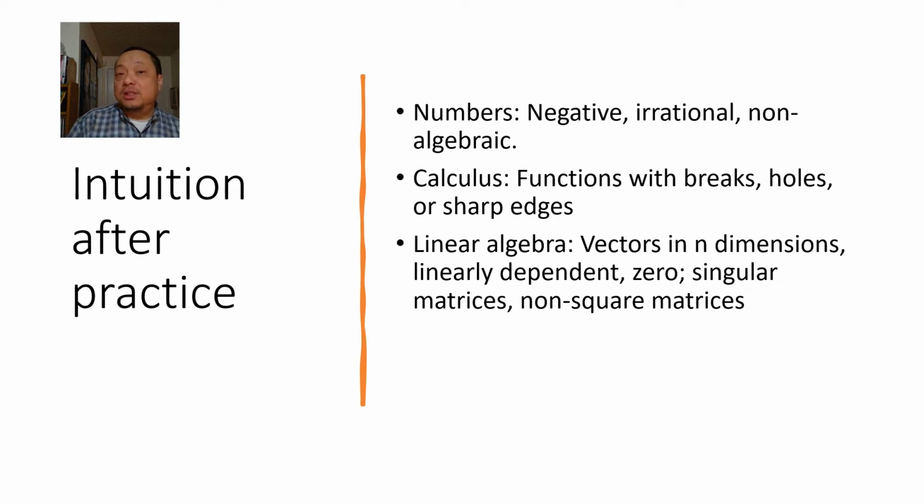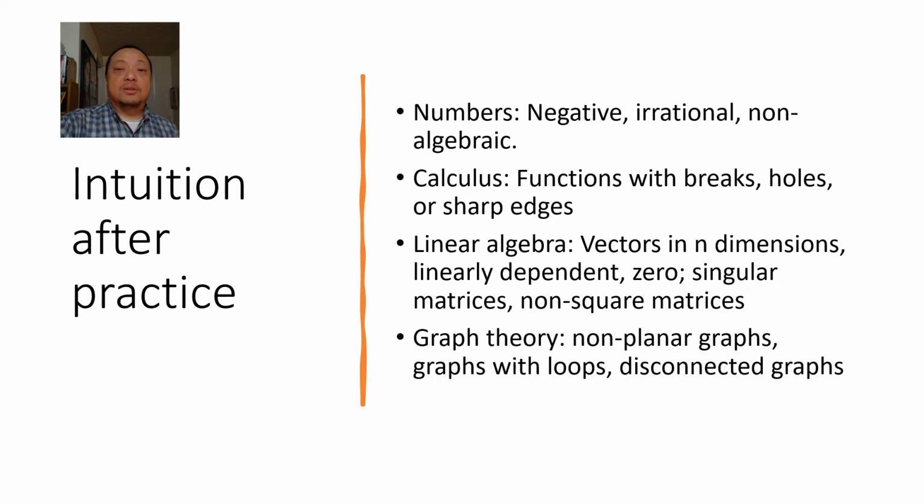Vectors that may be 0 or linearly dependent. Matrices that are singular. Matrices that are not square and therefore don't have determinants. In graph theory, non-planar graphs, graphs with extraneous things like loops and double edges, graphs that are disconnected.